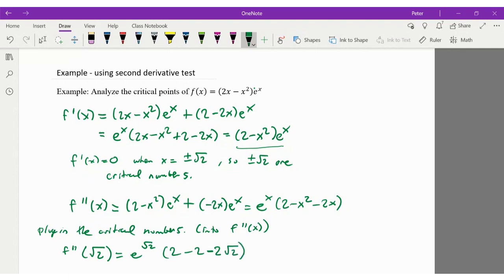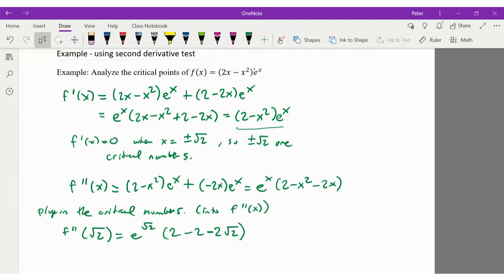Now, you don't actually have to find what that value is. I know that everybody wants to say, oh, let me get out my calculator and plug it in. It doesn't really matter what it is. The important point is that we have here e to the root 2, which is a positive number. And then we have 2 minus 2, which is 0, and then minus some positive number. So we're going to get a number that's less than 0, and that's all that really matters here.